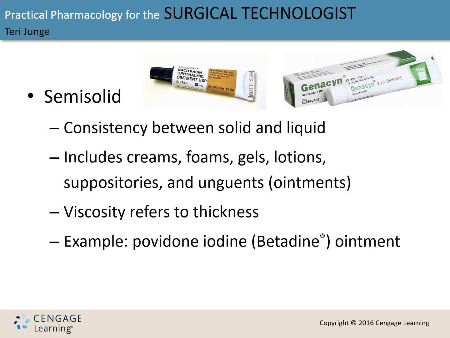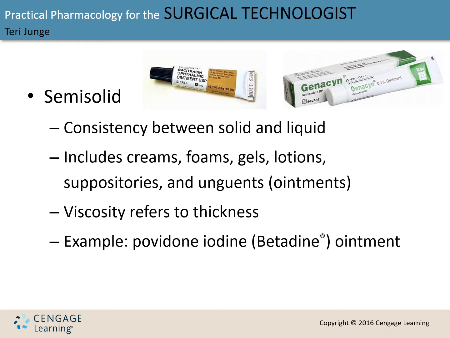The last type of drug form that we're going to talk about is a semi-solid. A semi-solid is kind of in between. It's not a solid and it's not a liquid. So any type of cream or ointment or gel or lotion is going to be an example of a semi-solid.